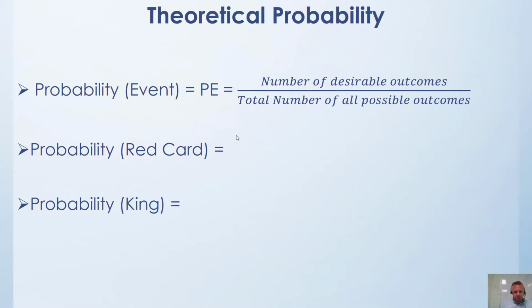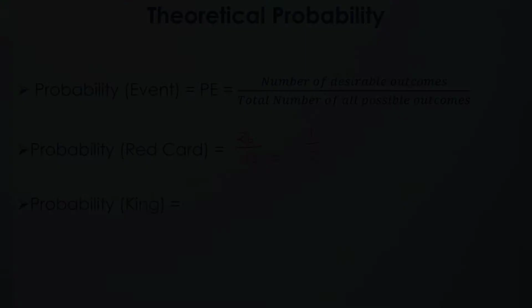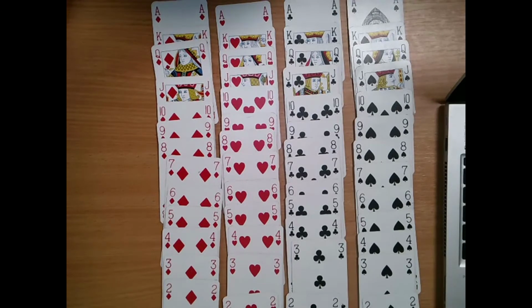So the number of desirable outcomes is 26 over the total number of all possible outcomes, and we also identified that there are 52 cards in a deck. So 26 over 52, and you always simplify the fraction here, so divide both by 26 and get 1 over 2.